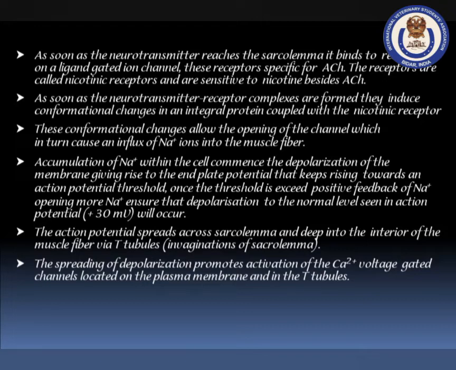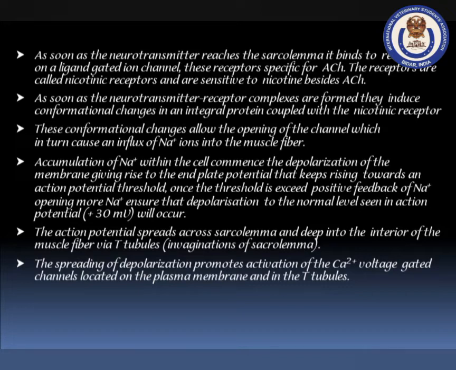These changes allow the opening of the channel, which in turn causes an influx of Na+ ions into the muscle fiber. Accumulation of Na+ within the cell commences the depolarization of the membrane and gives rise to the end plate potential that keeps rising towards an action potential threshold. Once the threshold is exceeded, positive feedback of Na+ opening more Na+ channels ensures that depolarization to the normal level seen in action potential, plus 30 mV, will occur.